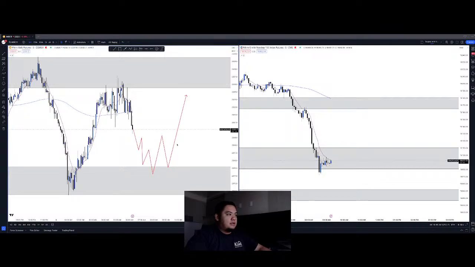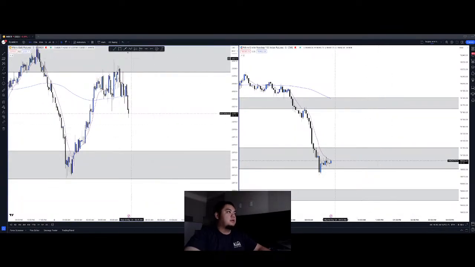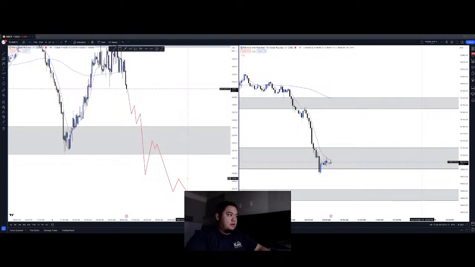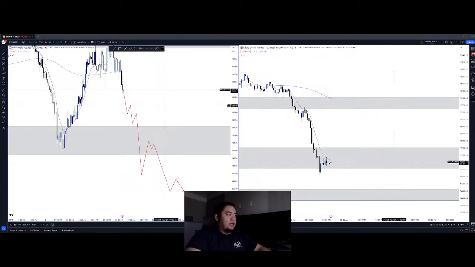And then the second scenario that I'd be looking for is lower high, lower low. We completely break through with momentum, come back up to retest, and then go short. So that's scenario B that I'll be looking for.